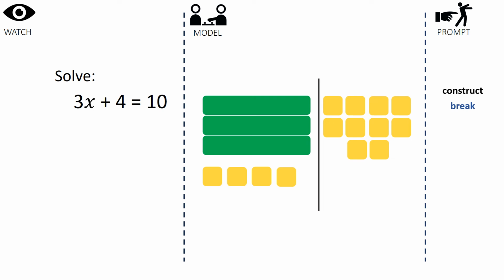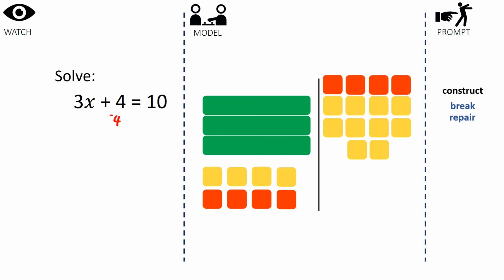We would start off by isolating the group of variables. So in this case, to isolate the 3x's, we need to add in 4 negatives. And that's exactly as I've written it here. We have the 10 positives, but we're going to add in 4 negatives onto the right-hand side as well.